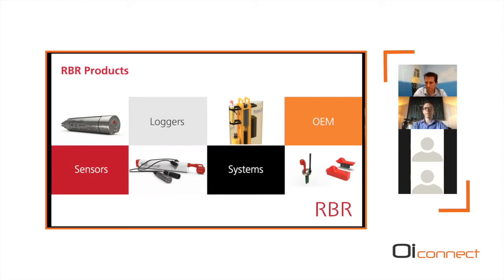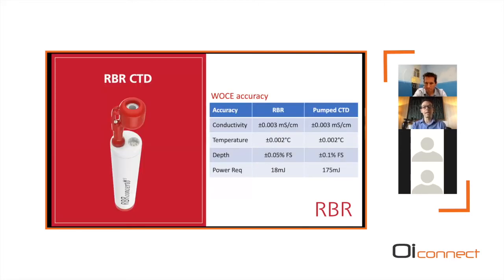We also have our sensors integrated into systems such as the Wirewalker from Del Mar Oceanographic and the SOFAR smart buoy systems. And then we have a line of OEM sensors, which is what I'm going to be talking about today.